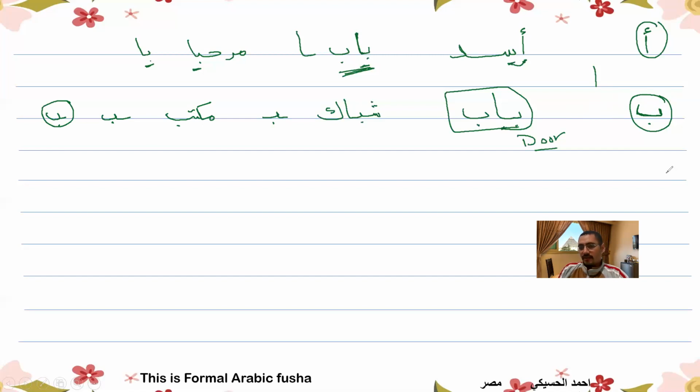Ta has two dots above it. It's isolated Ta. In the beginning, Ta, as apple, تفاح. This is initial, in the beginning of the word.